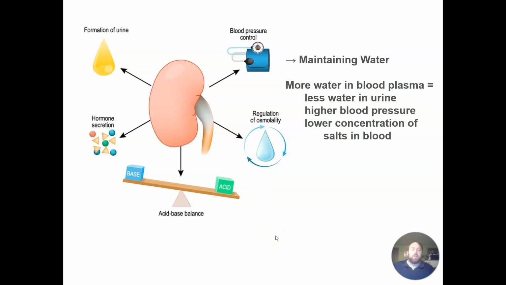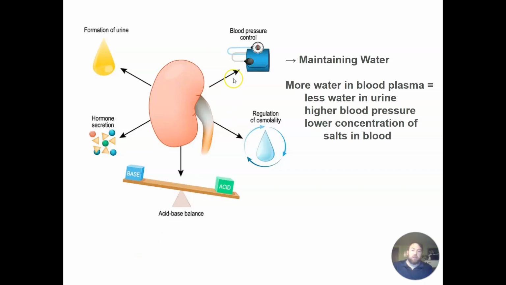So we already know that the function of the kidney is to form urine, and by doing so, they are actually allowing themselves to balance the acids and bases inside your bloodstream because it's getting rid of some of the more acidic things, as well as regulate osmolality, the ions that are inside your bloodstream, and even regulate your blood pressure.